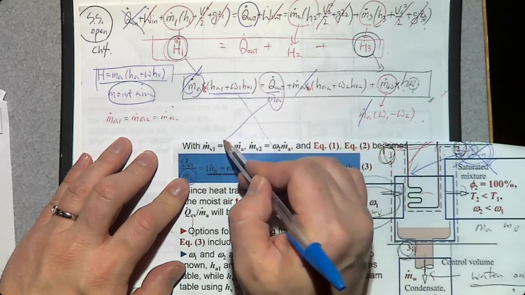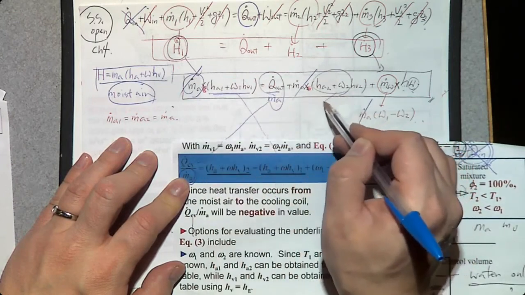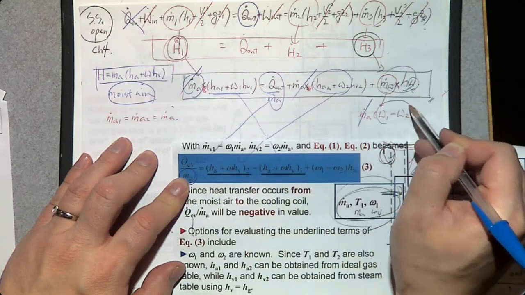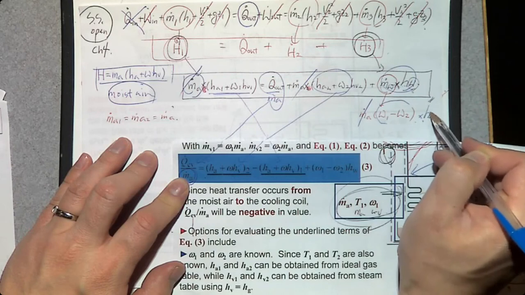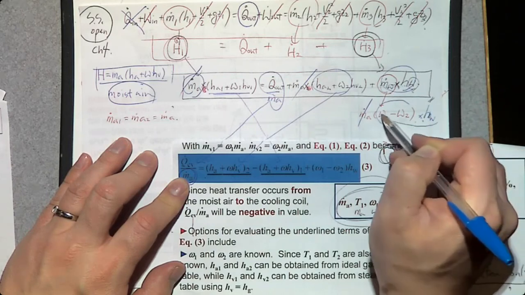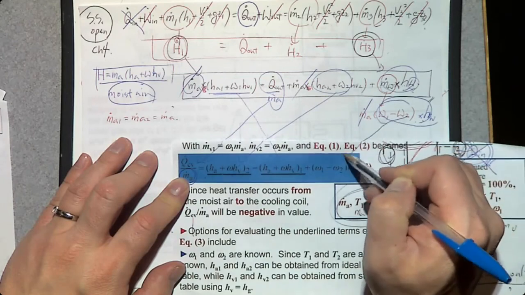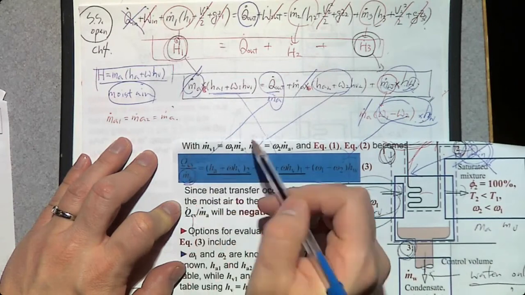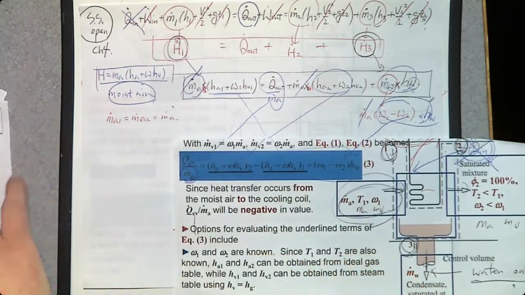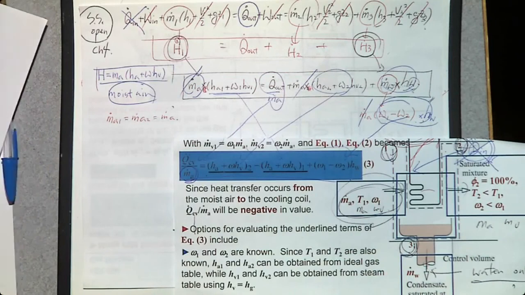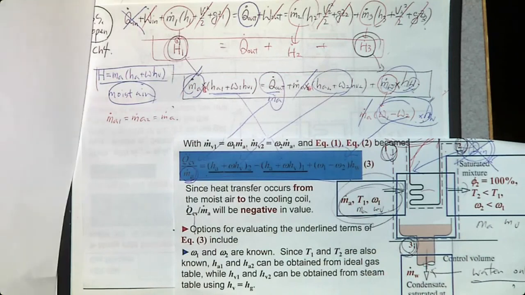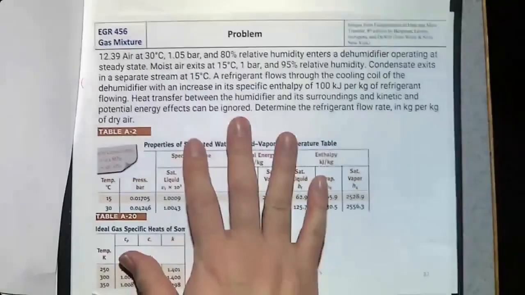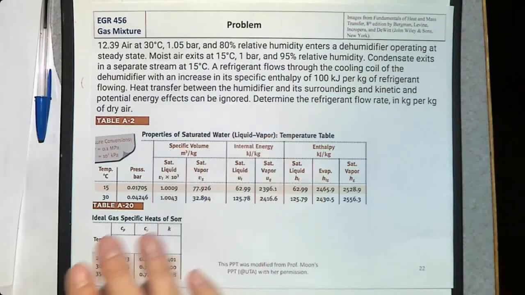This one is here. This one is here. And the last one, which is this one multiplied by H of W, and this one is here. So you can also use this energy balance equation, the same thing. So that's everything. And we are going to solve one problem to study dehumidifier.